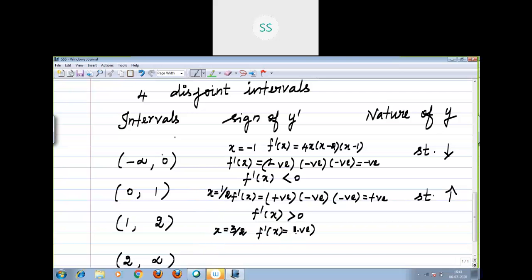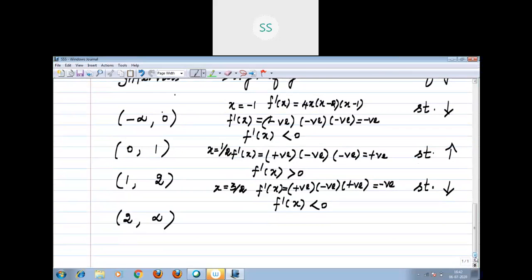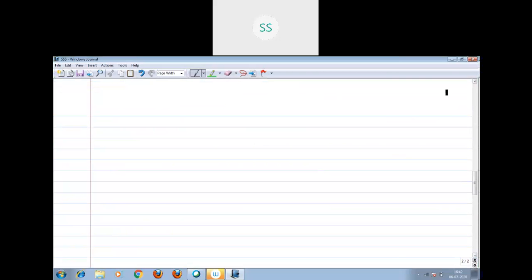The second one will act as negative. The third one, x minus 1, means 1.5 minus 1, so you get it as positive, right? So you arrive at the result as negative. F dash of x less than 0. Less than 0 means strictly decreasing. Now we will pass on to the next interval. What is that? 2 comma infinity.